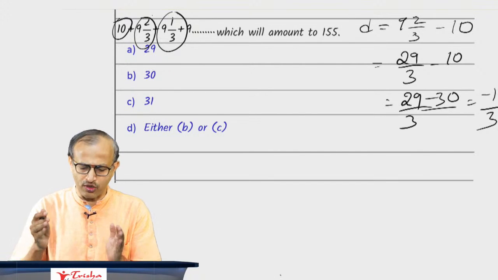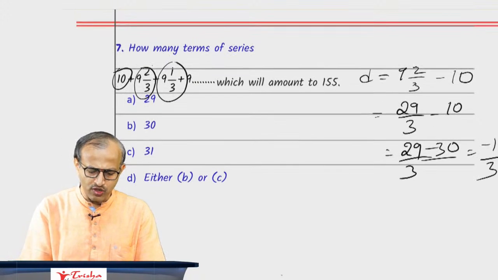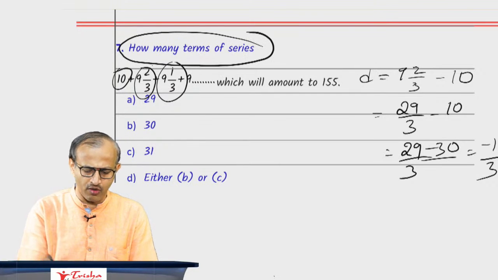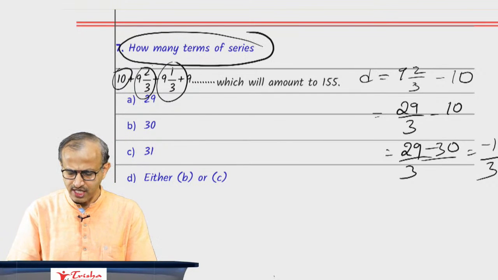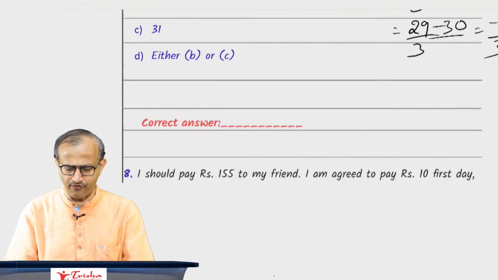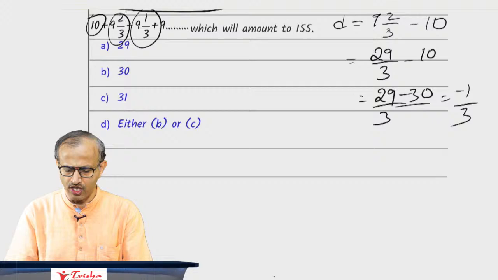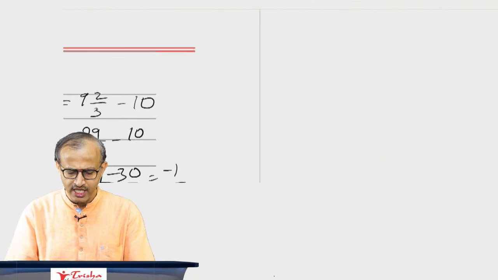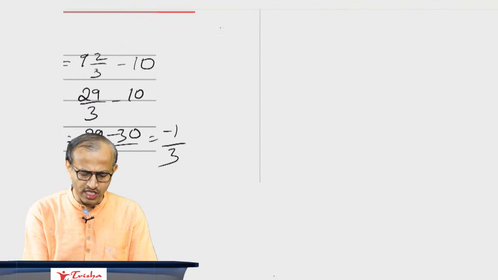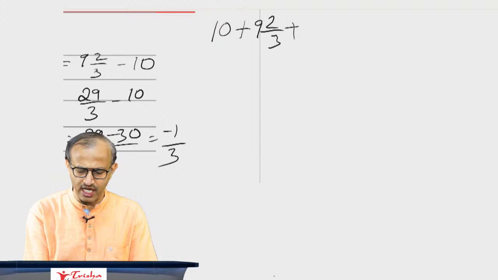How many terms of the series will make the total 155? Shall we work it out now? The question is 10, 9 2/3, etc., up to how many terms will make it 155?